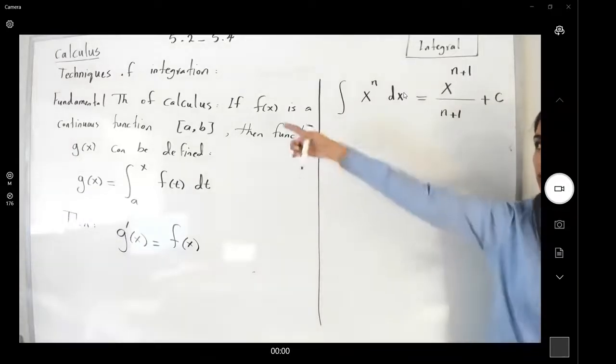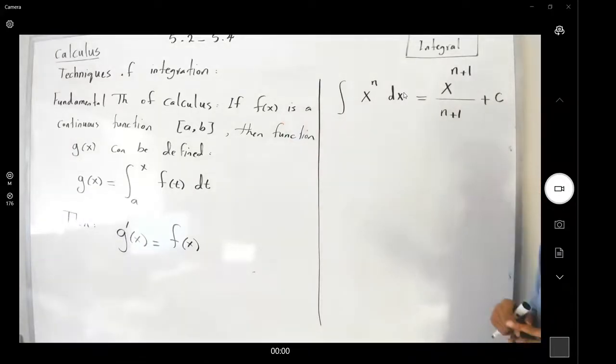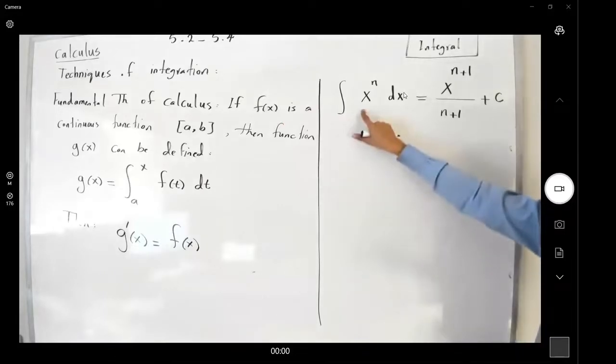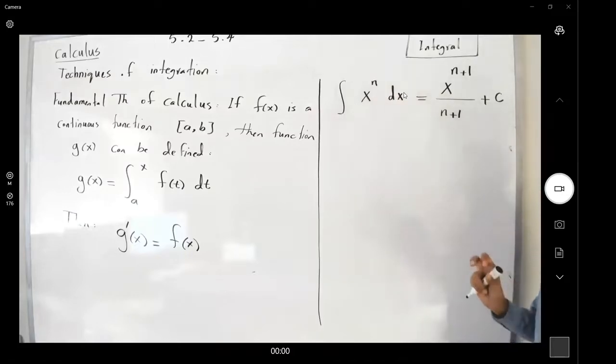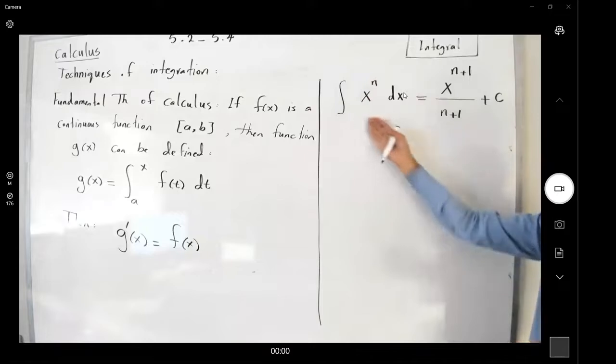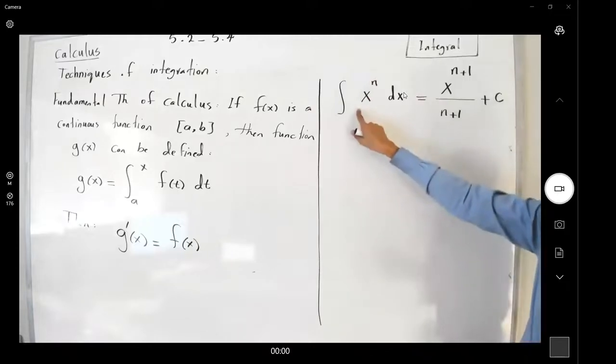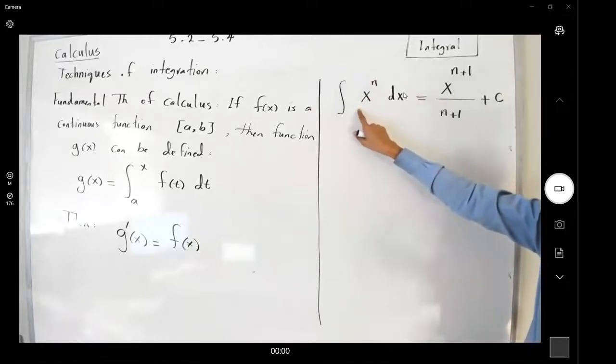Okay, take a look at the fundamental theorem of calculus. It says, hey, if f is a continuous function, so x to the n, and suppose n is just a nice exponent, well, this is f of x.